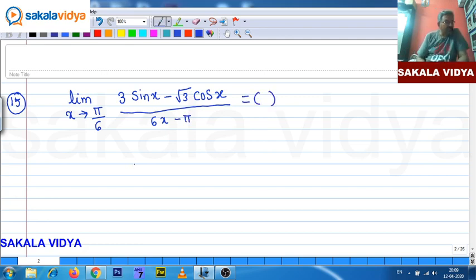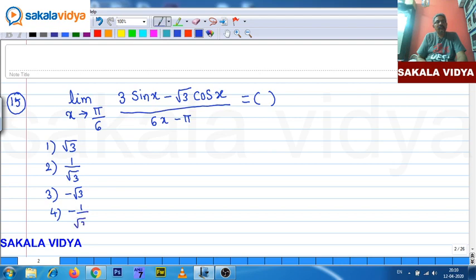First option root 3, second option 1 by root 3, third option minus root 3, fourth option minus 1 by root 3. This is the question.